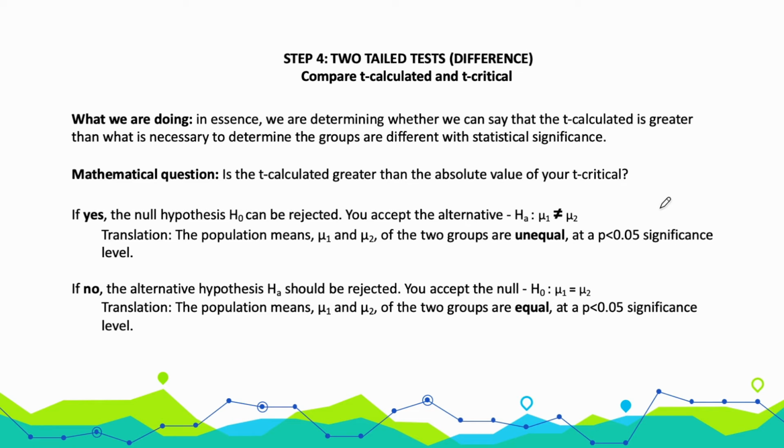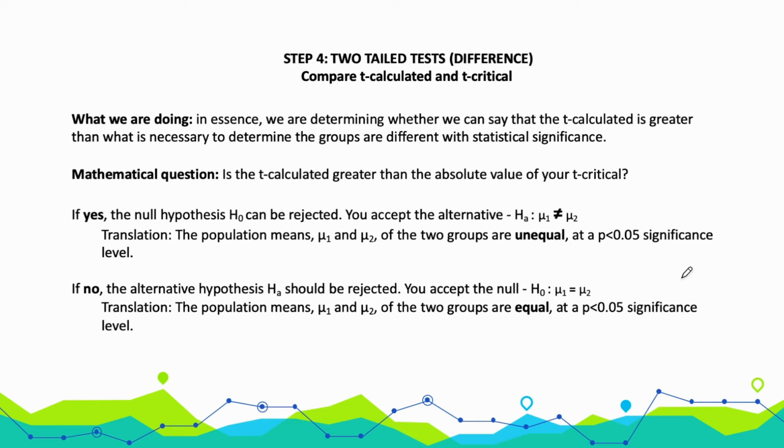If yes, the null hypothesis, H null, can be rejected, and you accept the alternative. The alternative hypothesis is that the mu, the population mean of group 1, is not equal to the mu, the population mean of group 2. This means the population means mu1 and mu2 of the two groups are unequal at a p level of 0.05.